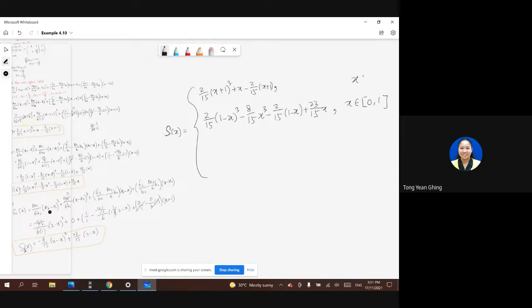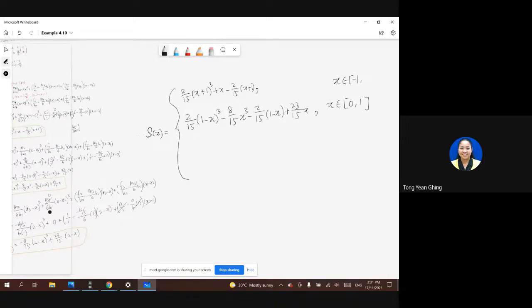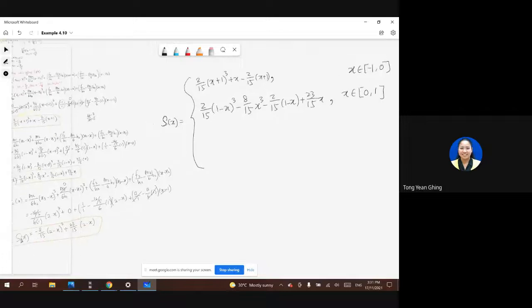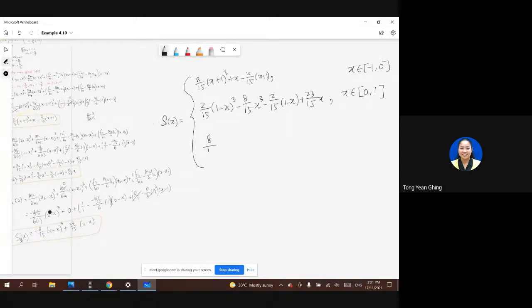This one is for x from 0 until 1. And then the third one is negative 2 over x to the power of 3 minus 23 over 15 (2 minus x). This one is for x from 1 until 2.